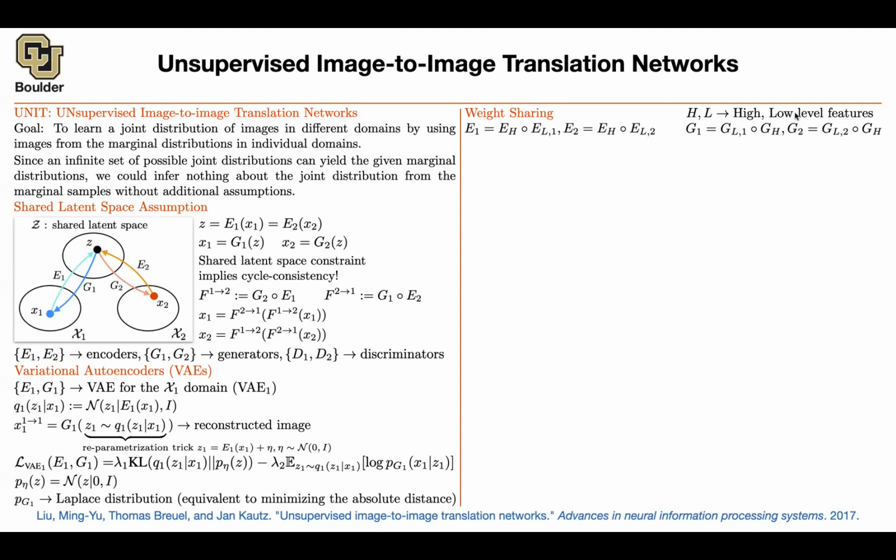Now you're modifying the architecture a little bit. What are you doing? Anything that is within this region, in terms of these arrows, you're going to share. So this encoder here and this other encoder, they're going to share the last few layers, and the first few layers are going to be different. Same thing for your generator.